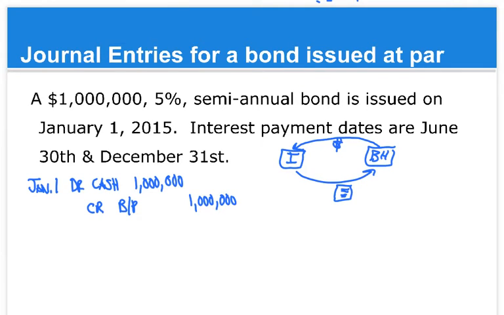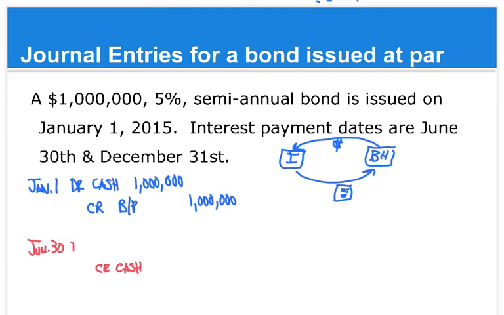Let's take a look at the entry for the first interest payment. The first interest payment occurs on June 30th. Recall this is now when the funds are flowing from the issuer to the bondholder. So that means we'll have a credit to cash, as cash is outflowing from the point of view of the issuer. So we know we'll have a credit to cash. What will the debit be?